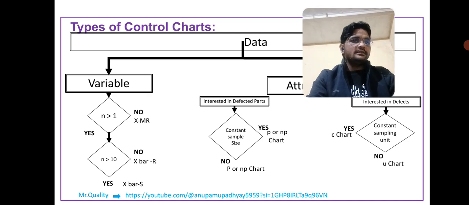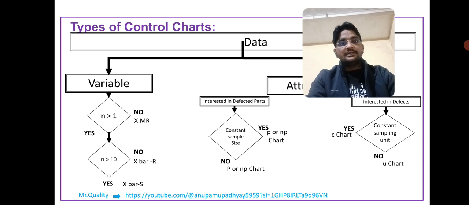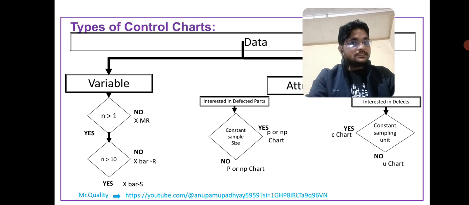If the subgroup size is more than 1, then we go to the X bar S chart if it is greater than 10, and if it is greater than 1 but less than 10, we should use the X bar R chart.